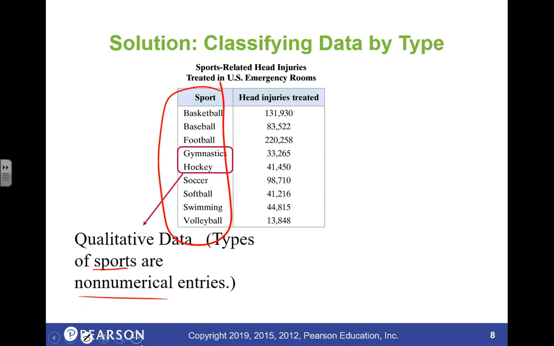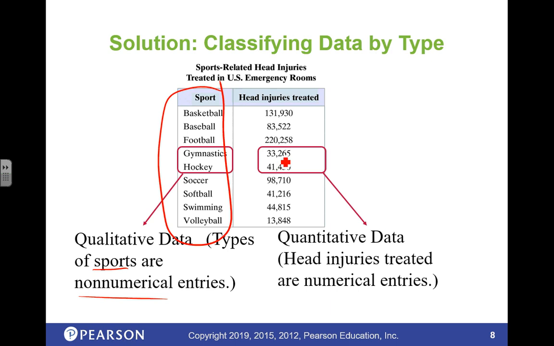It's not a numeric response. But there are values that correspond to those that are numeric. The number of head injuries is a value, a number, an amount. So those are quantitative values.